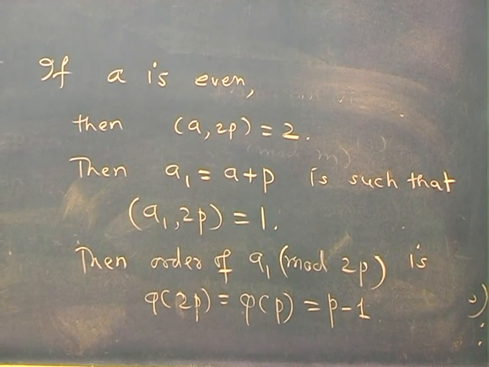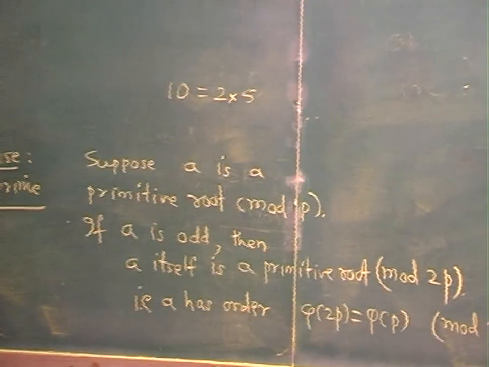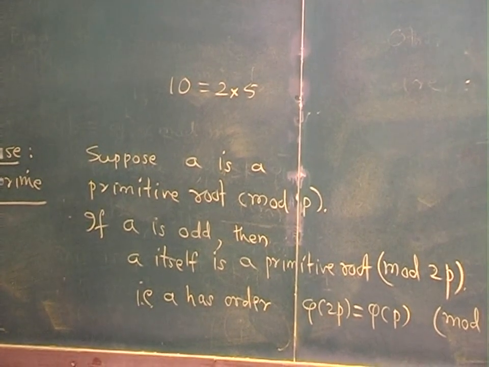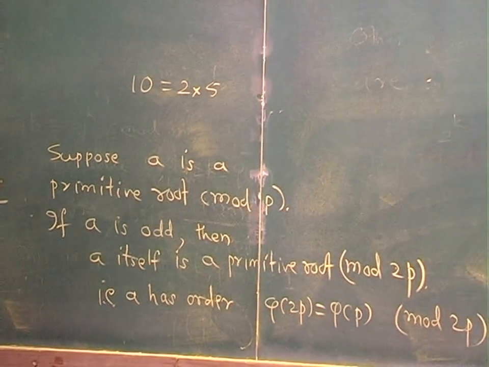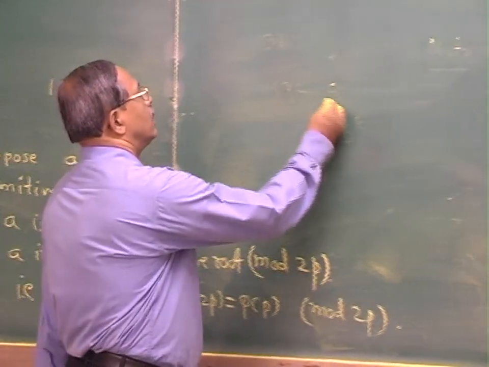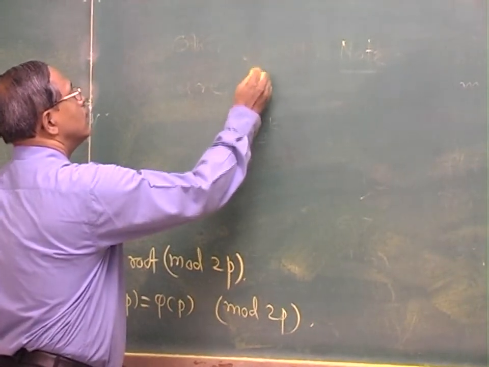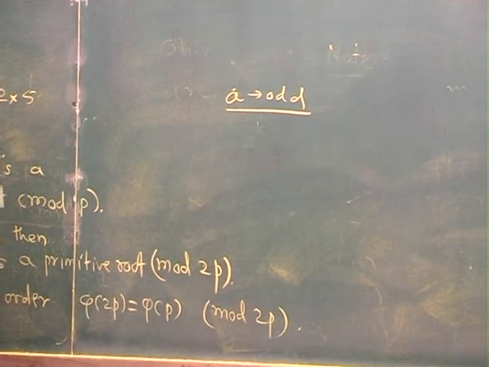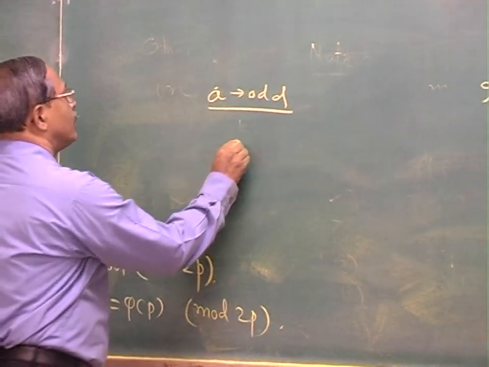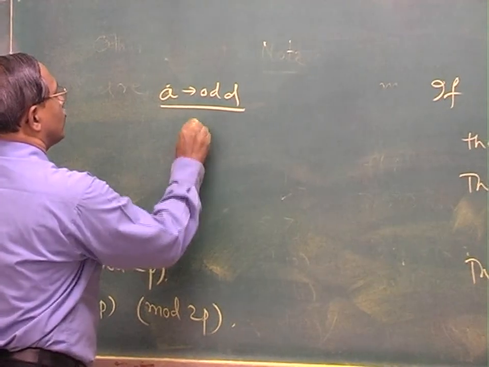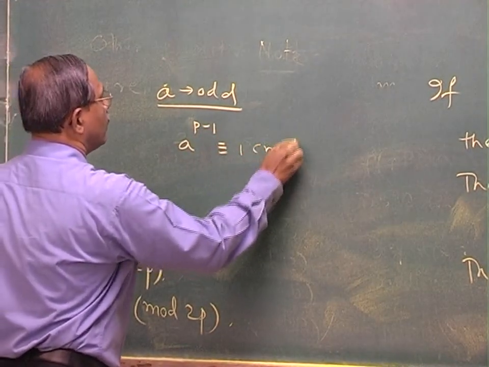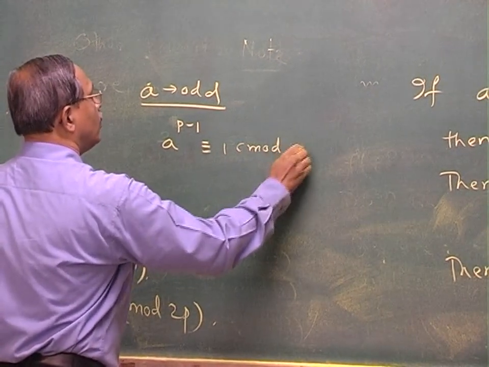See here, just take the first part. Suppose A is odd. Then, A odd, that case I will just illustrate. What we already have is A raised to p minus 1 is congruent to 1 mod p.